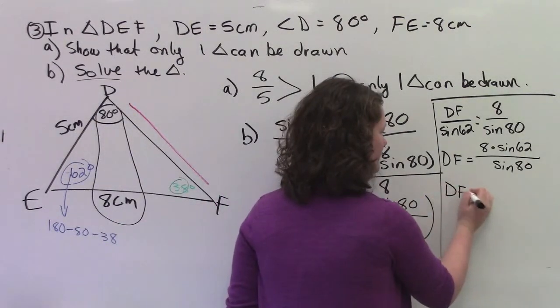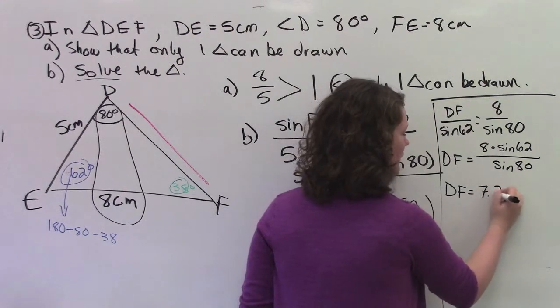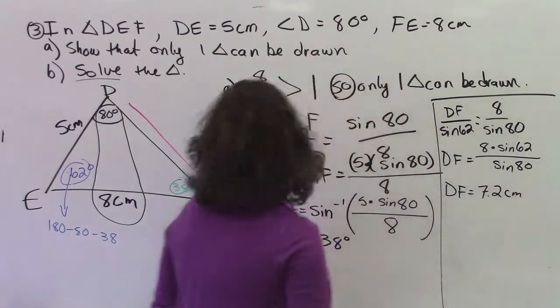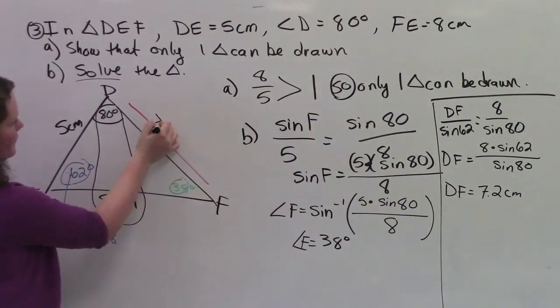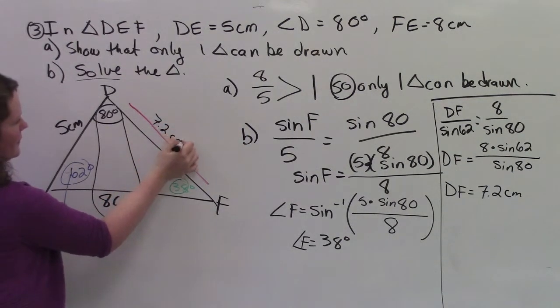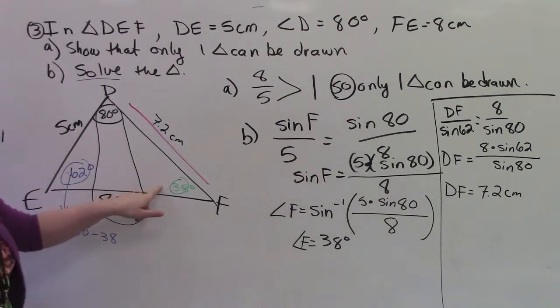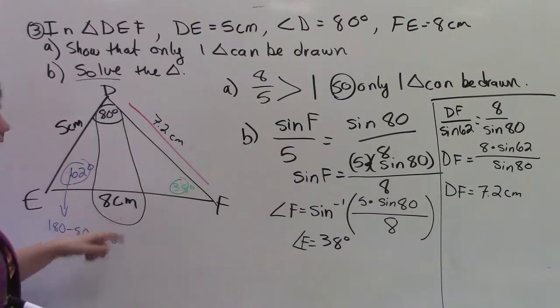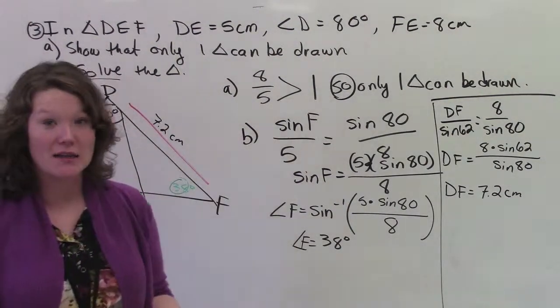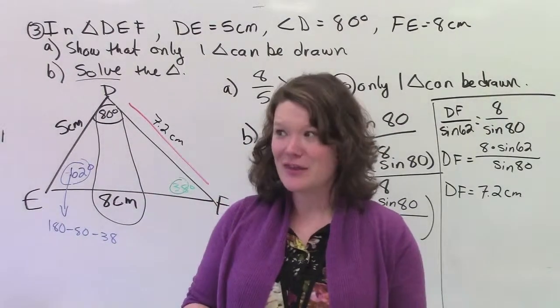DF equals 7.2 centimeters. So I'm going to put that right here, 7.2 centimeters. Have we solved it? Well, we know all the angles and we know the lengths of all the sides. So yeah, I think we've solved it.